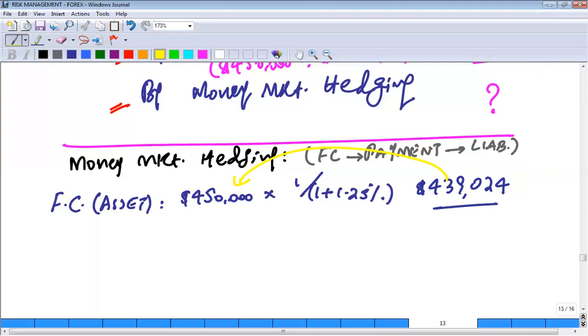Candidates, listen carefully. If we arrange 439,024 and invest in the investment market, after 3 months it becomes $4,50,000. The interest is built in this manner. The difference of 439,024 and 450,000, that's interest. So number one, we have to arrange $439,024 now, foreign currency.